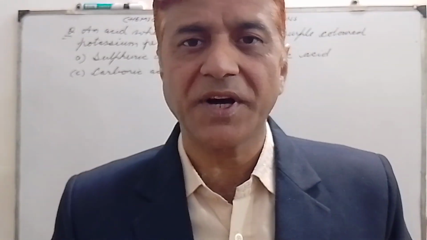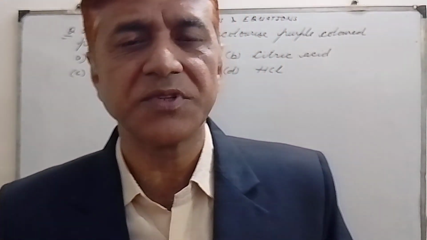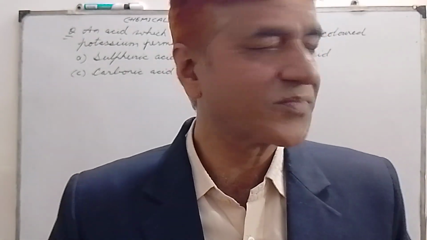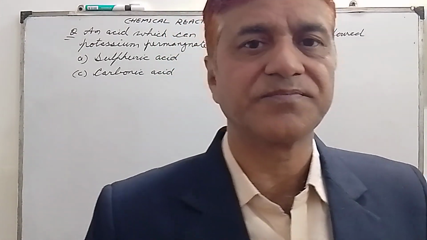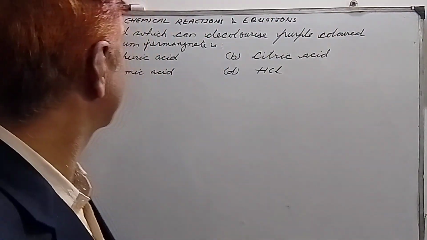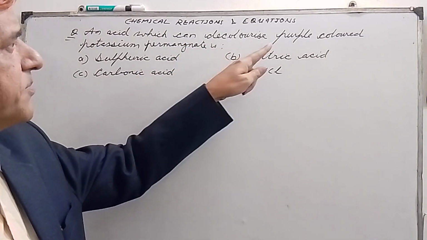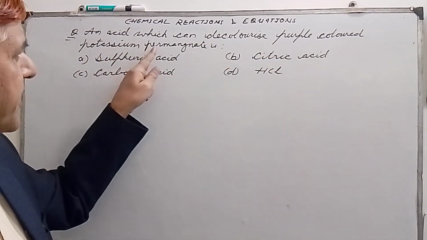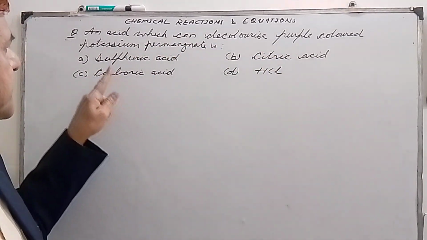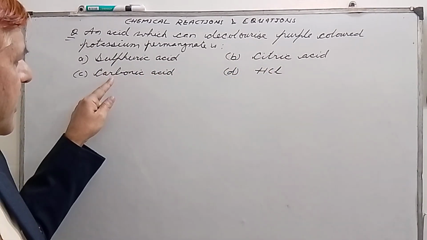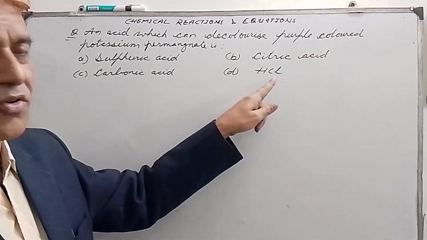Today I have a question for you which is related to our previous topic, that is change in color. The question is, an acid which can decolorize purple colored potassium permanganate is sulfuric acid, citric acid, carbonic acid or hydrochloric acid, HCl.